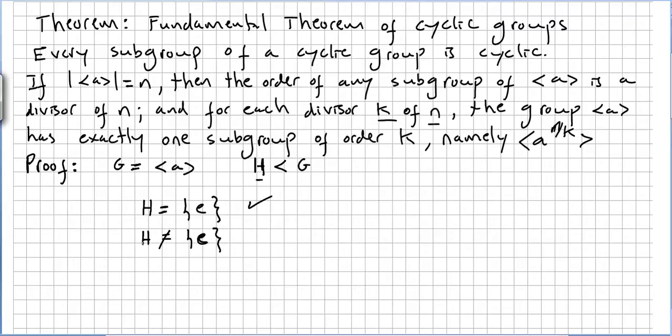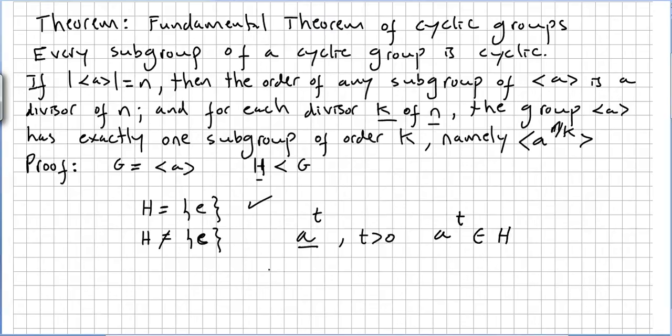Since H is a subgroup of G and G is cyclic, H must have an element in the form a to the power of t, with a positive t. So H must have an element a to the power of t, where t is positive, and a to the power of t will be in H for sure.